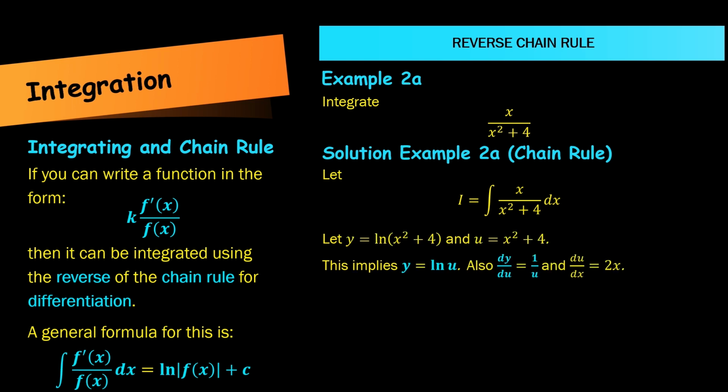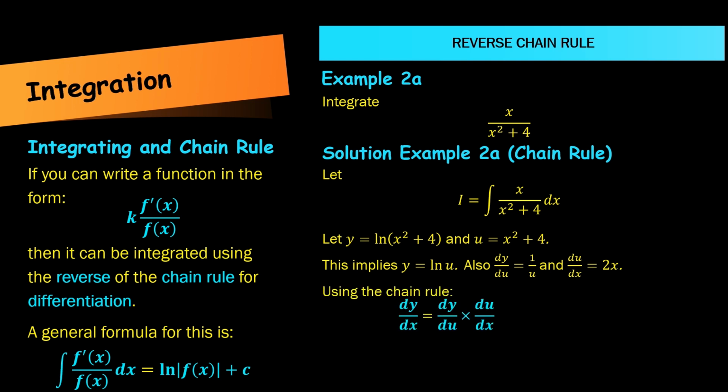We also have that dy du equals 1 over u and du dx equals 2x. If we apply the chain rule as shown, we have that dy dx equals 1 over u times 2x, which is equal to 2x over x squared plus 4.